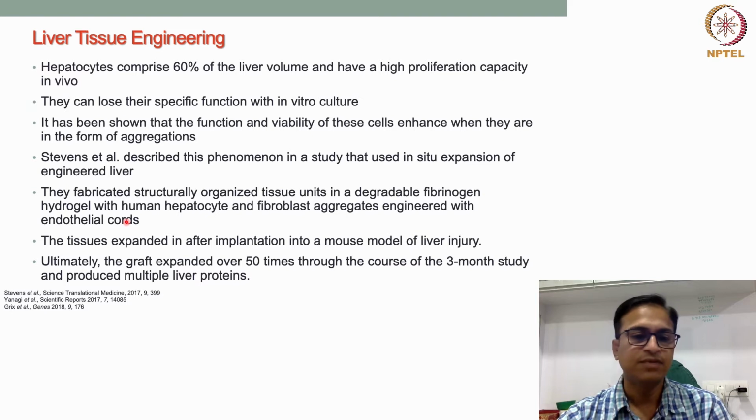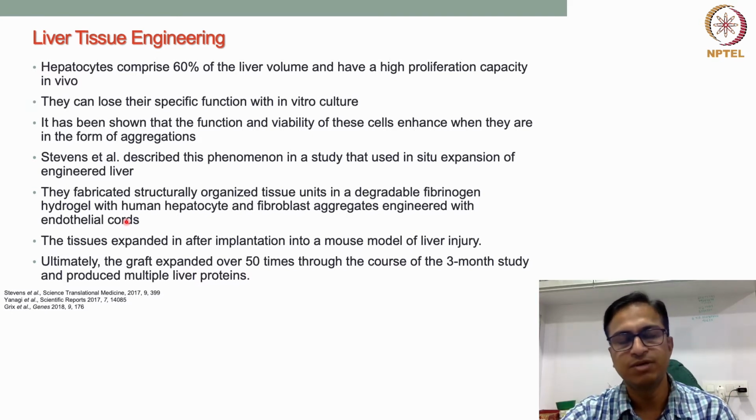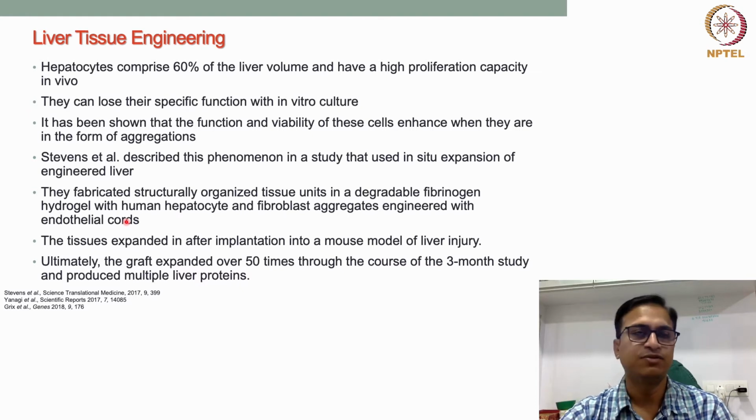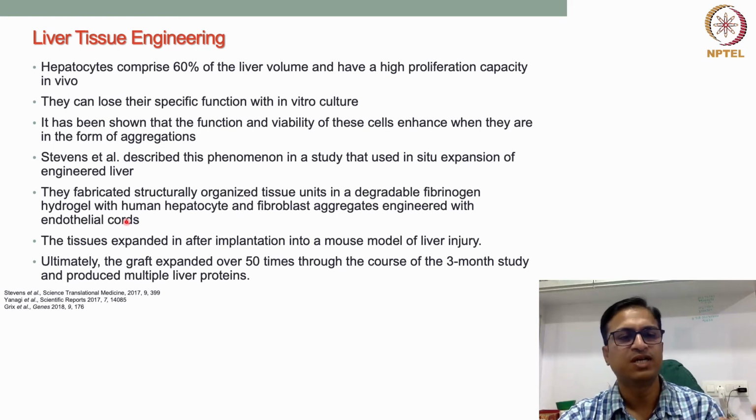And finally, they found that the graft, when implanted in the injured liver model, expanded 50 times over the course of the 3 month study. It also produced different liver proteins, the tissue-specific proteins that reflect the function of the liver, such as production of albumin and other proteins.